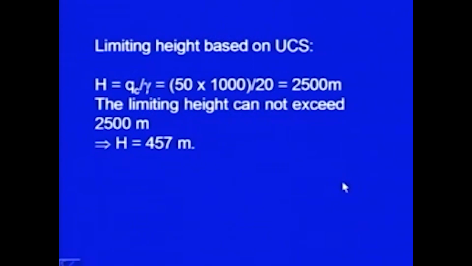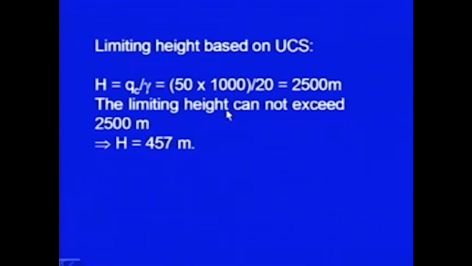Now I should check whether the pressure at the toe of the slope is exceeding the UCS or not. The pressure is given as gamma into h, so h is equal to q c upon gamma. The q c value was given as 50 MPa, so 50 MPa means 50 into 1000 kPa, and gamma is 20 kilonewton per meter cube, and when I solve this, the answer is 2500 meter.